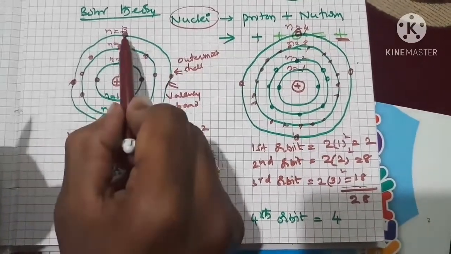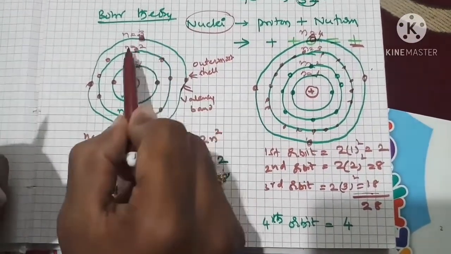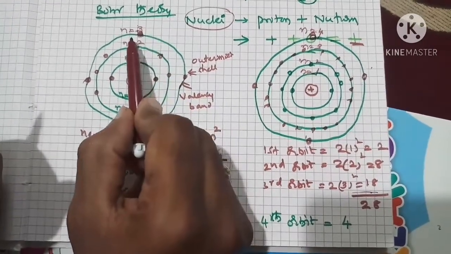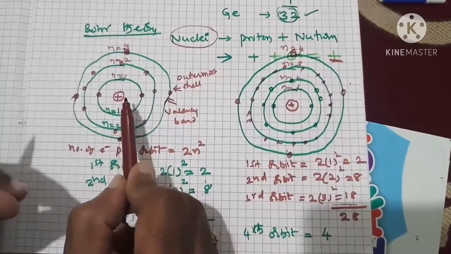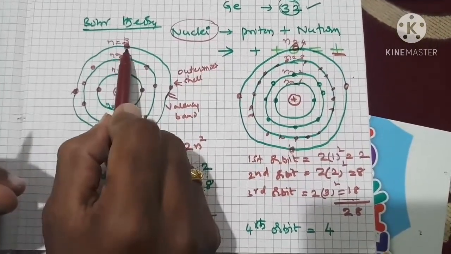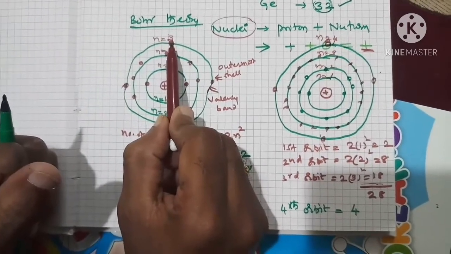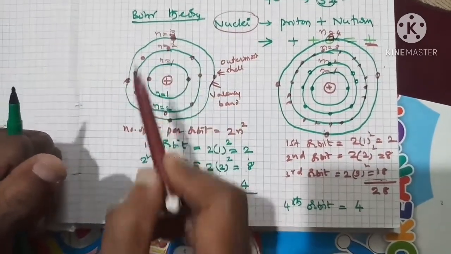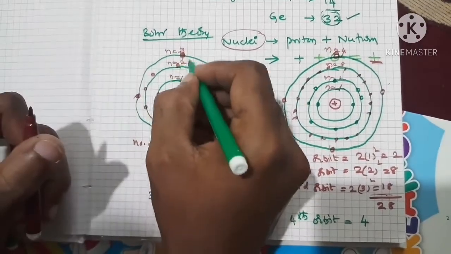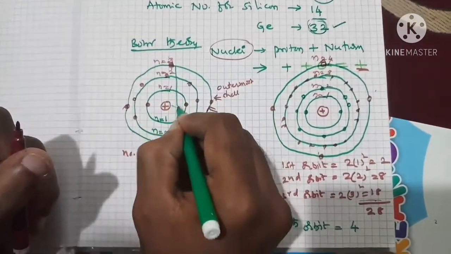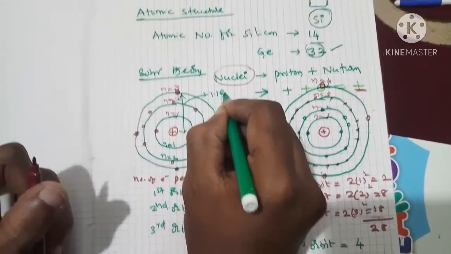Now, in order to make this electron move into the conduction band, the energy required to move this electron into the conduction band is 1.1 electron volt.